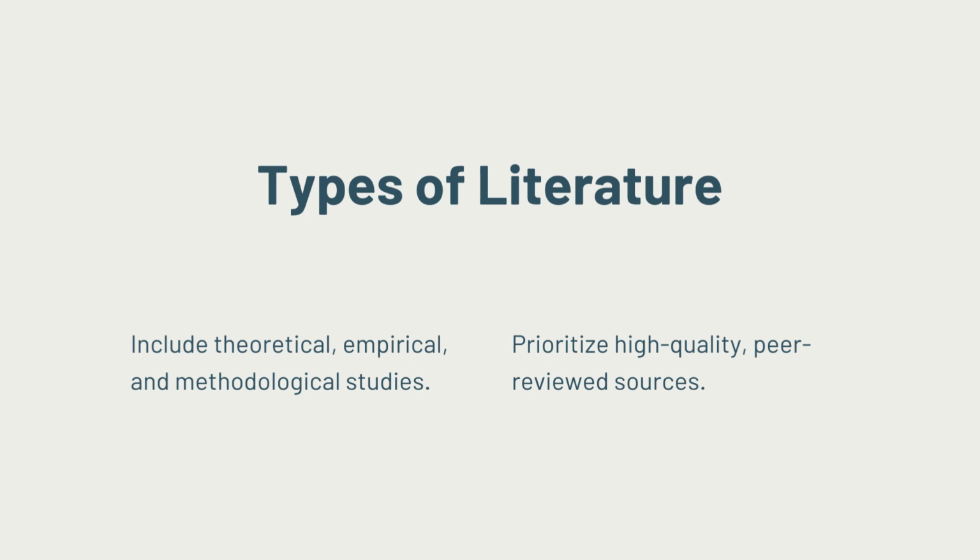So, again, the types of literature include theoretical, the one pertaining to the theoretical framework that you are going to be using and the resulting conceptual framework. Then we have empirical studies, and this one basically reports on the data and findings of previous research. And last one is the methodological review or the methodological literature, and this one justifies your methodological choices.